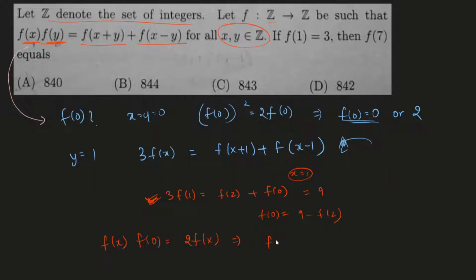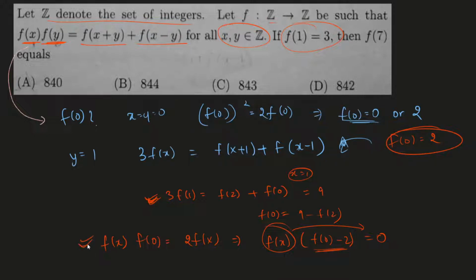So that means f(x) times (f(0) minus 2) has to be equal to 0. Now we cannot say for guarantee that f(x) is always equal to 0. In fact, it is not. f(1) is equal to 3. So that means f(0) must be equal to 2. We could have just directly jumped in here and saved us some trouble. But anyways, f(0) is equal to 2.